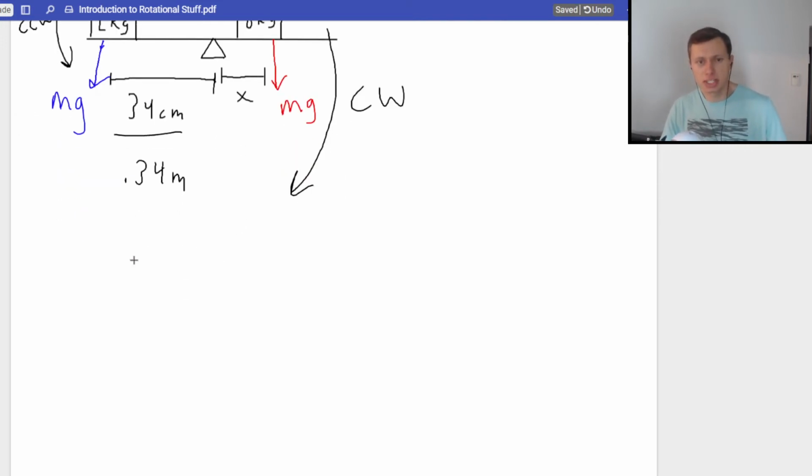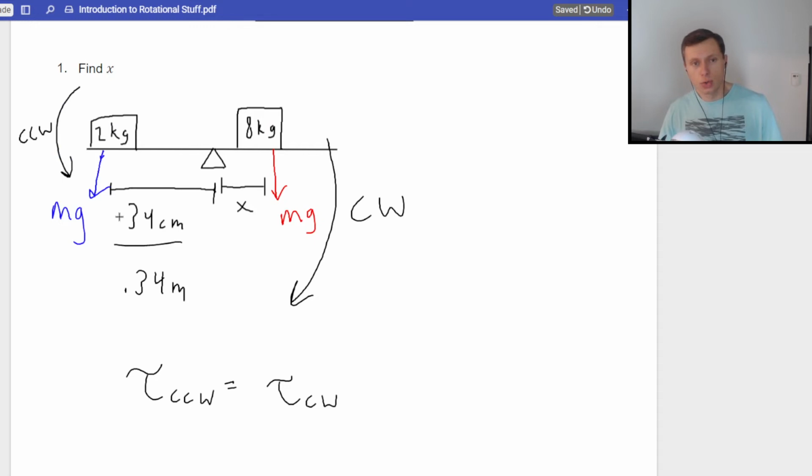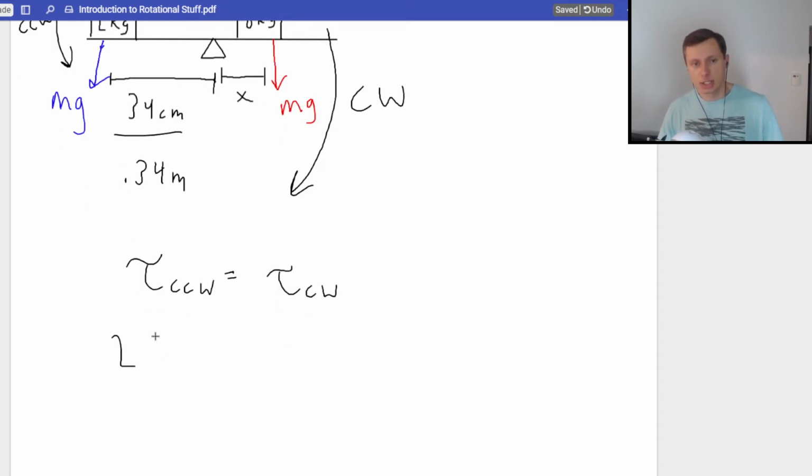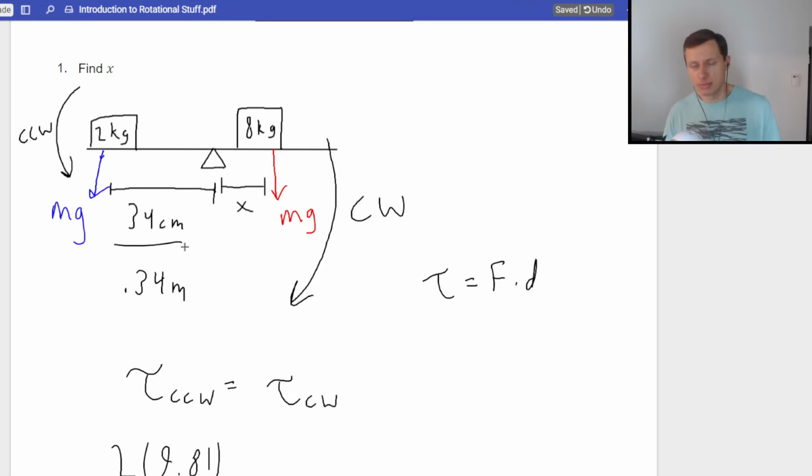So if I say the torques counterclockwise are equal to the torques going clockwise, the counterclockwise torque, that force, that 2 kilogram mass times g is 9.81, so that's the force, and again, torque is equal to force times distance. In this case, we don't even have any angles, right? So I'm not even going to worry about the perpendicular part, or the angle.